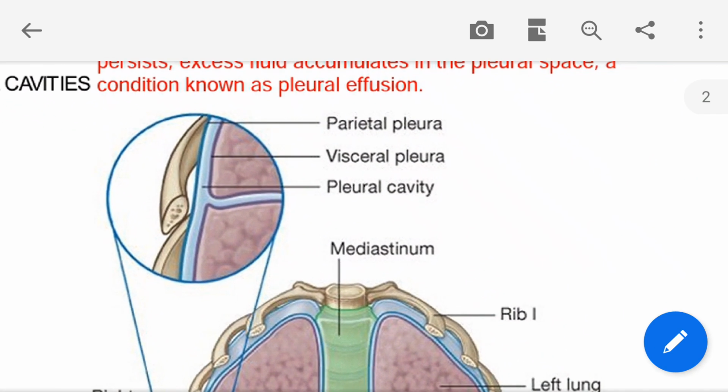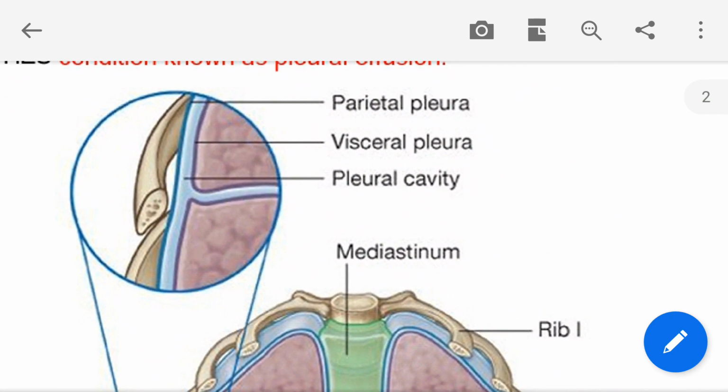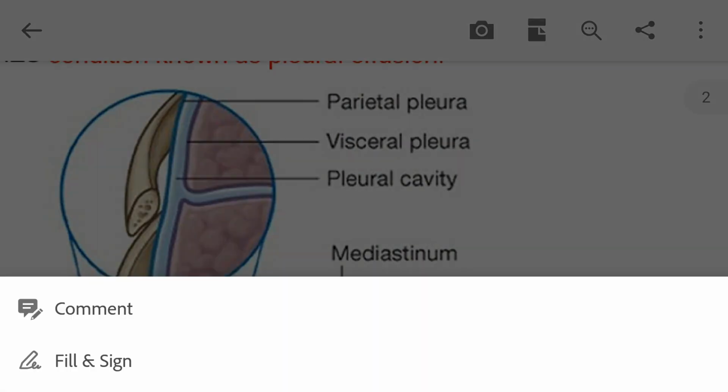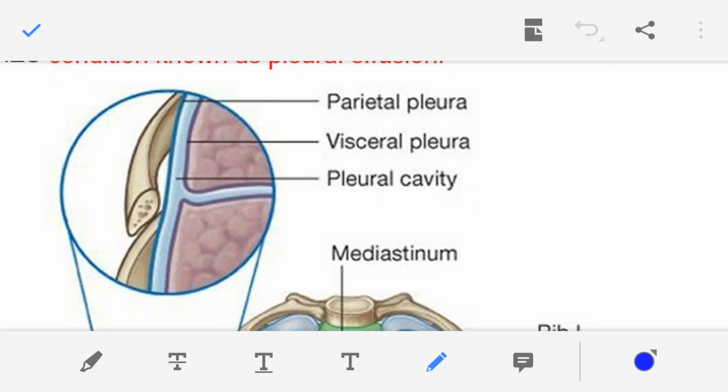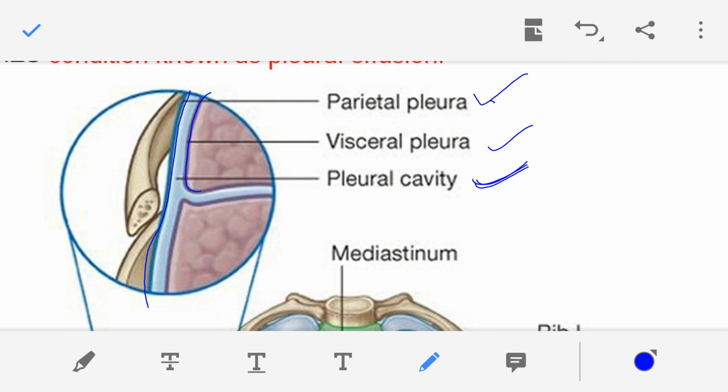So you see what is present. This one is the parietal pleura, then the membrane on the lung itself, that is the visceral pleura, and the cavity between these two pleura is the pleural cavity.